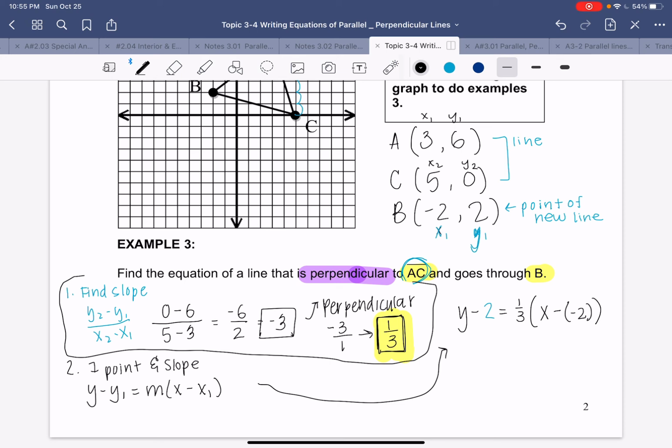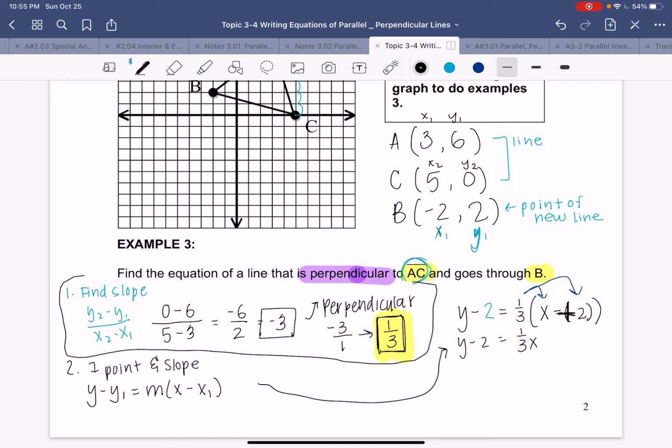All right, so now we need to distribute this 1/3. So we have y minus 2 equals 1/3 times x, which is 1/3 x. Minus a negative will get us a positive, so I'm just going to change this to a positive.